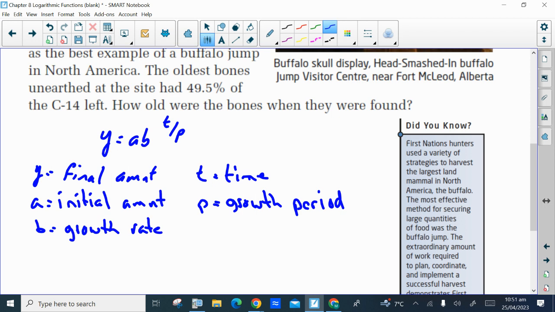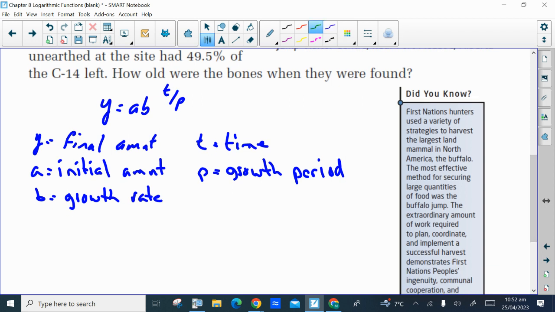All right, so y is the amount at the end. It says that the oldest bones that were unearthed had 49.5% of the original carbon-14 left.